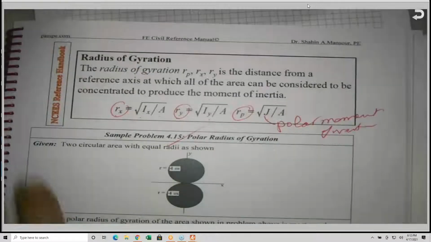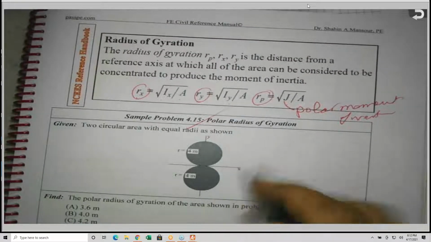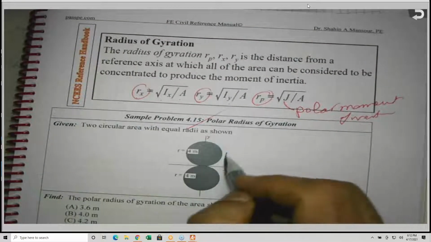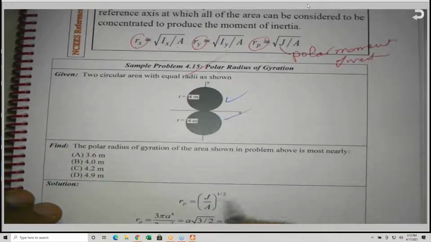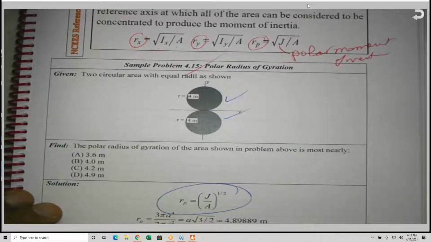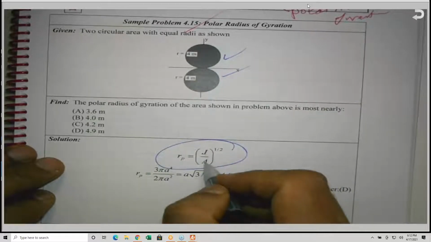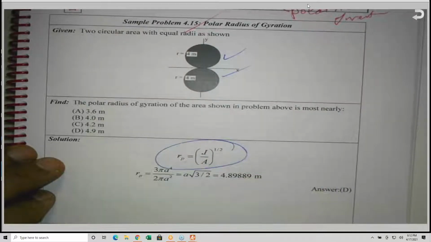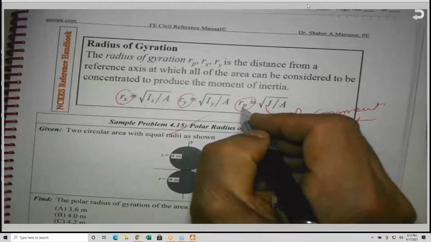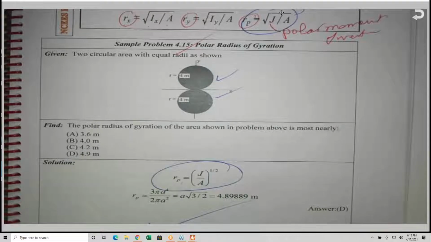Nobody will ask you to memorize these things, but by practicing and practicing, you will be able to recognize some of them. For example, I use the same two circular areas that were given before. If I know J and I know A, I can get it and take the square root, because it's given by this equation here directly. This is straightforward.